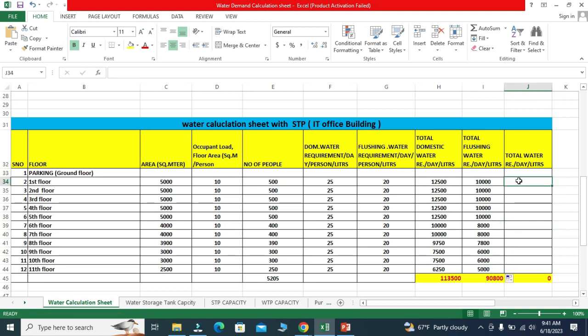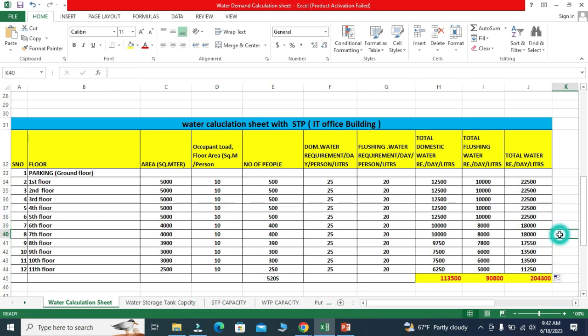Now we have to calculate the total water requirement per day in liters, including domestic and flushing. Simply, we add the domestic water plus flushing water for each floor. This is the total water consumption of the first floor for 500 people. Let's calculate it up to the 11th floor.